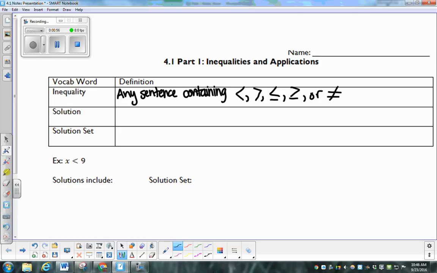So the solution to an inequality is any value for the variable that makes an inequality true.